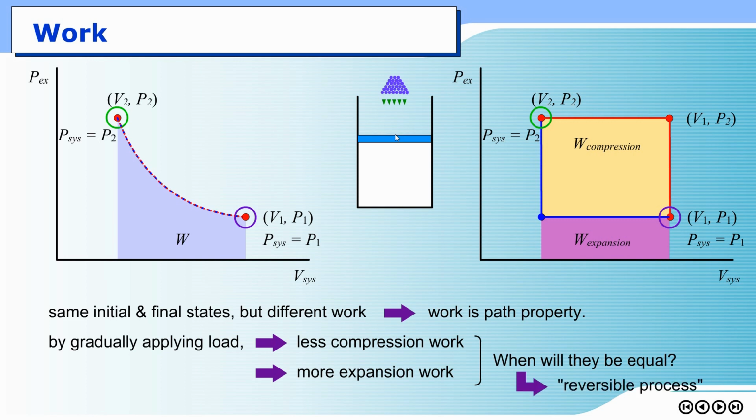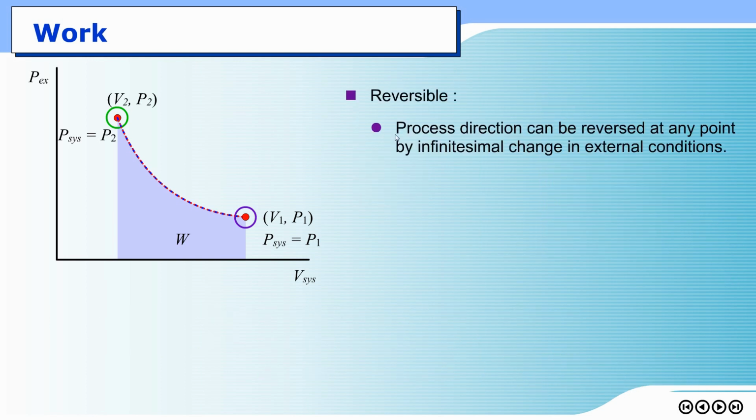Okay, the reversible process is basically the process that can be reversed at any point whenever you change the external condition. In this example, the external condition is the mass put on top of your piston. But in general, it doesn't have to be mass. You can increase the volume. You can make the piston expand by heating it up.